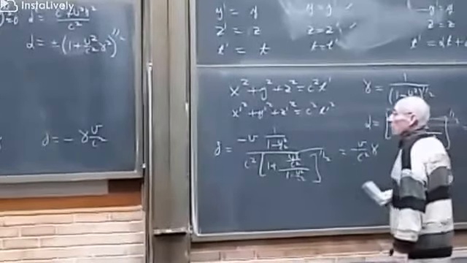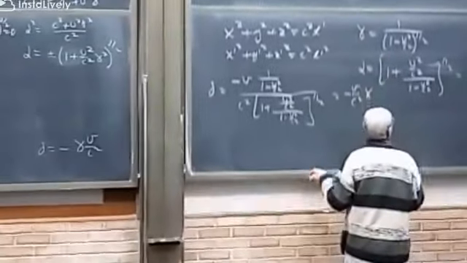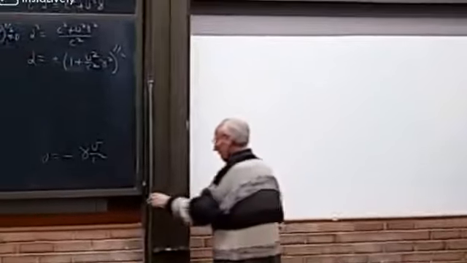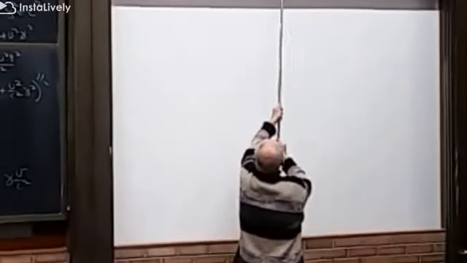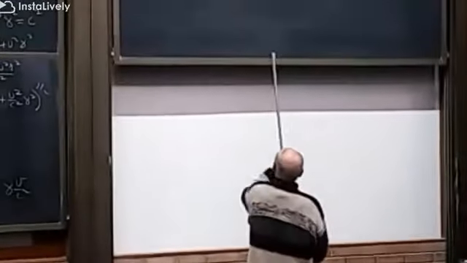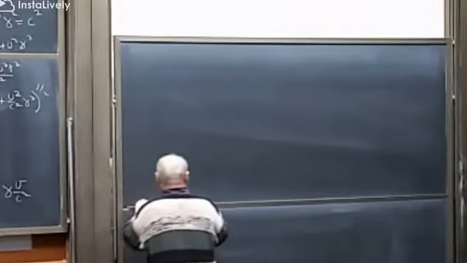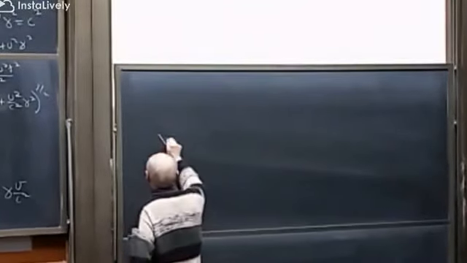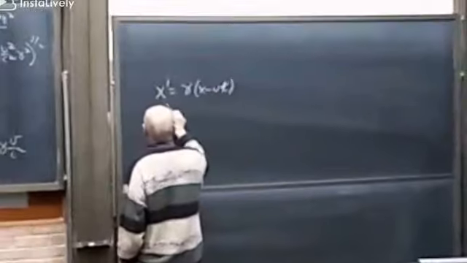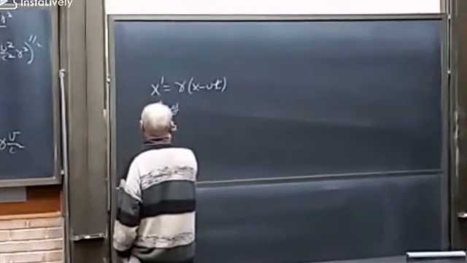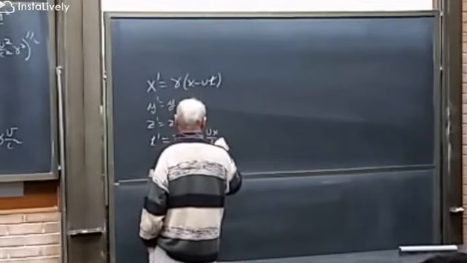And so, putting those things into our original starting point: x prime is equal to gamma times x minus bt. y prime is equal to y, z prime is equal to z, t prime is equal to gamma times t minus bx over c squared.